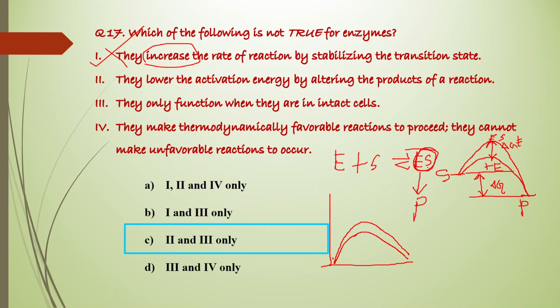That is the correct statement. But in the first statement it is written they increase the rate of reaction by stabilizing the transition state. One second. The next statement says the lower the activation energy. I think there is a mistake in the question. Give me one second. It's written the second statement which is not true.